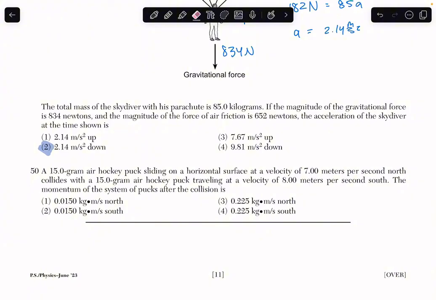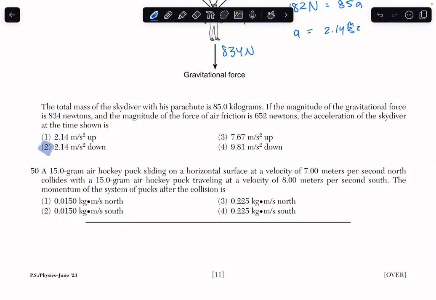50. A 15-gram air hockey puck sliding on a horizontal surface at a velocity of 7 meters per second north collides with a 15-gram air hockey puck traveling at a velocity of 8 meters per second south. The momentum of the system of pucks after the collision is... To figure this out, we could draw a diagram first.